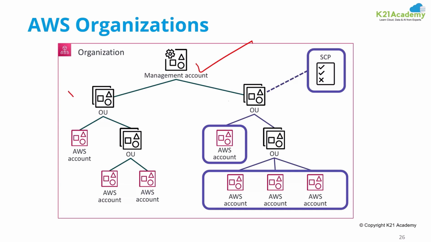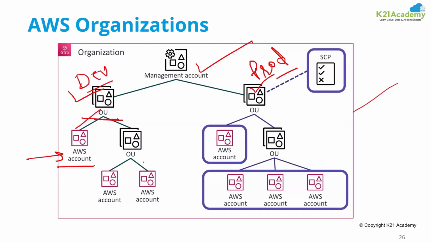Then you have OUs, your organizational units. For example, let's say you create an OU with the name dev, and one OU with the name prod. Then you add accounts. The account limit I already specified. An OU under an OU can also be added. That's how we manage this structure.